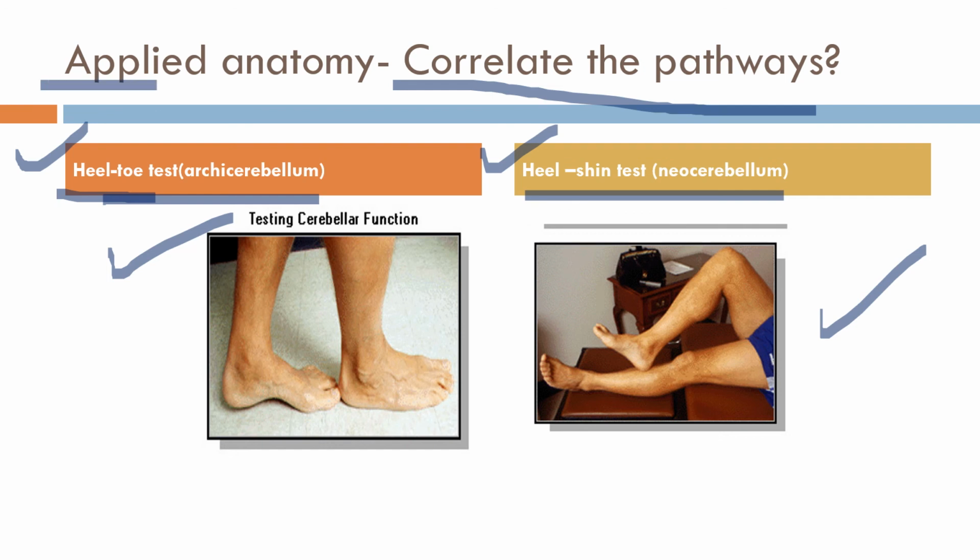We have to learn by the clinical syndromes, integrating neuroanatomy and neurophysiology, how the archicerebellum and neocerebellum control these pathways so that if they are affected, we have disturbance in these two tests. So correlate the pathways so that you will understand the functions of the cerebellum more.